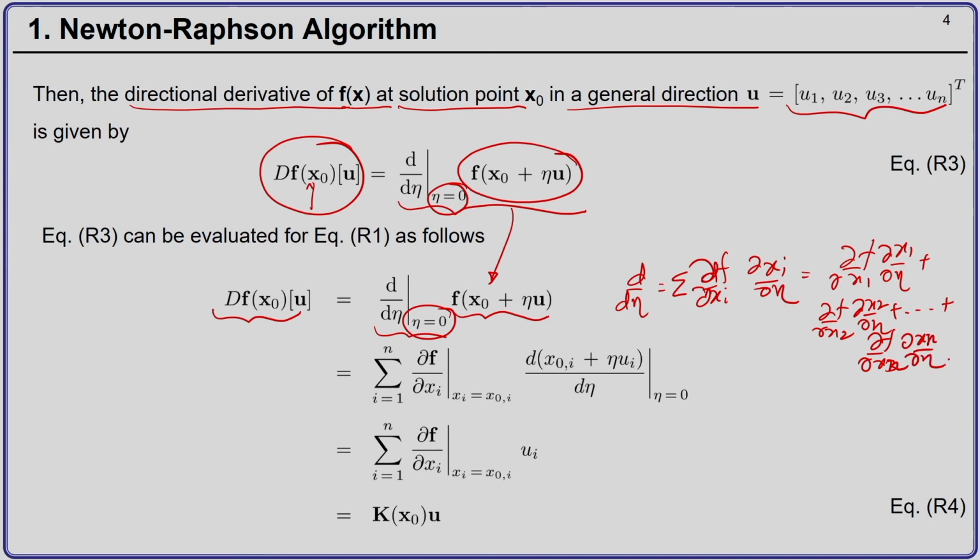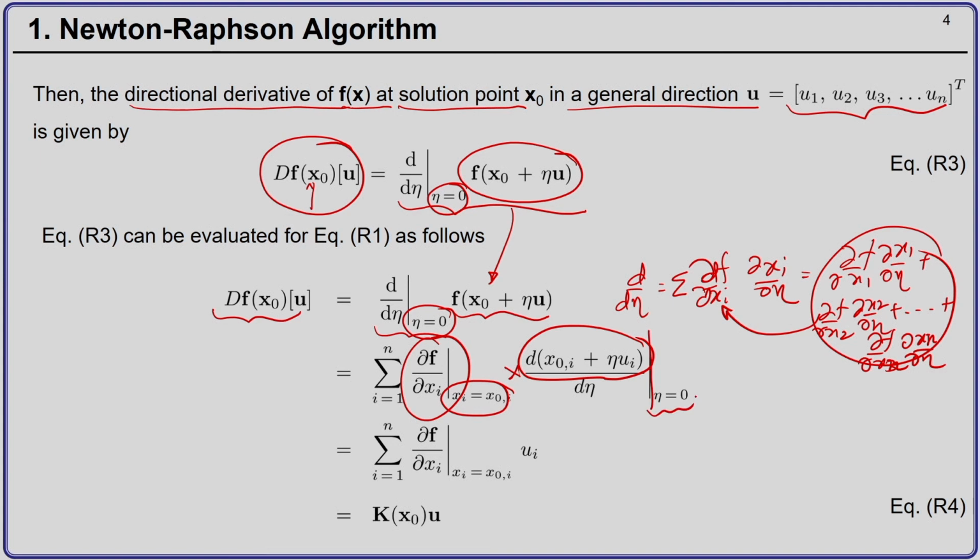So, this as a summation is here. That is what we have here: del f by del x I evaluated at the solution point x 0, into del by del eta of x 0 plus eta u evaluated at eta equal to 0.